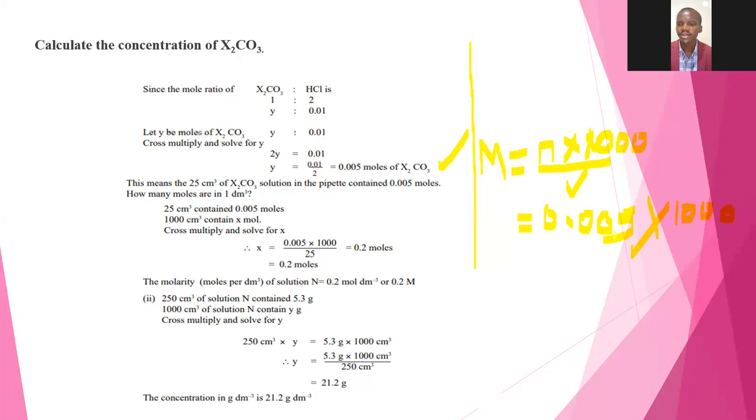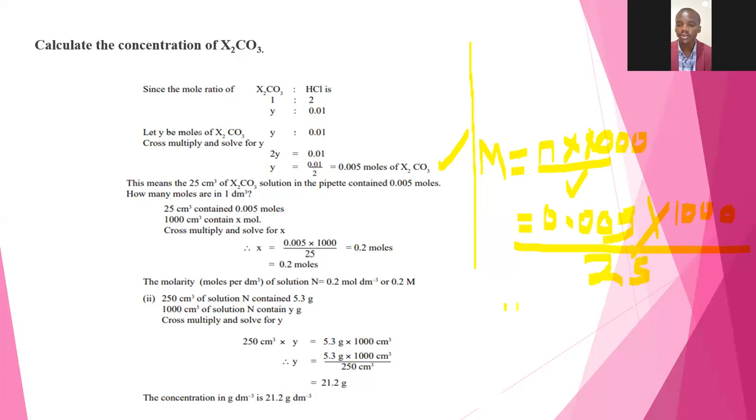What is the volume used for this? We were told to pipette 25.0 cubic centimeters of solution M, and that solution M is the X carbonate. So that is the volume that was used. So you divide by 25.